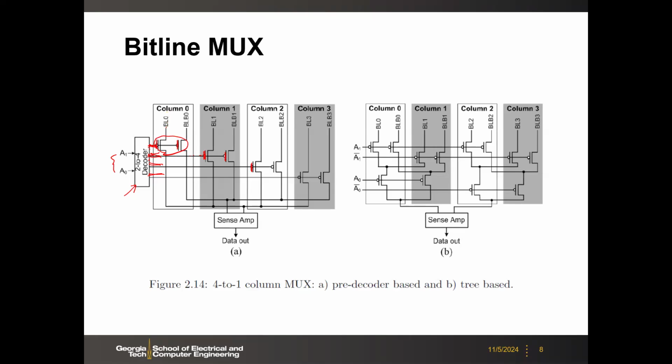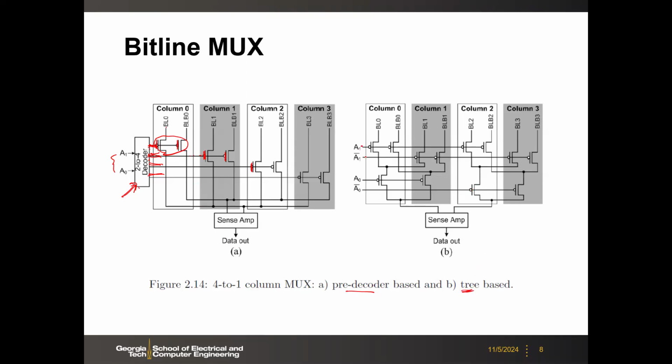My point is that here you are going to use the decoder with this mux structure to select the column to be read out. This is standard design, let's say the pre-decoder based, which is this one. You have the standard decoder followed by this pass gate or transmission gate. And then you can also do the direct tree-based mux.